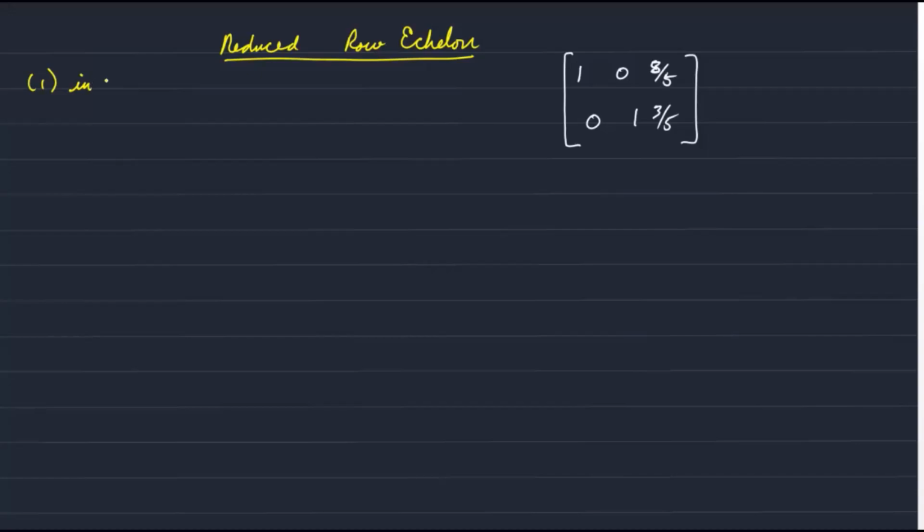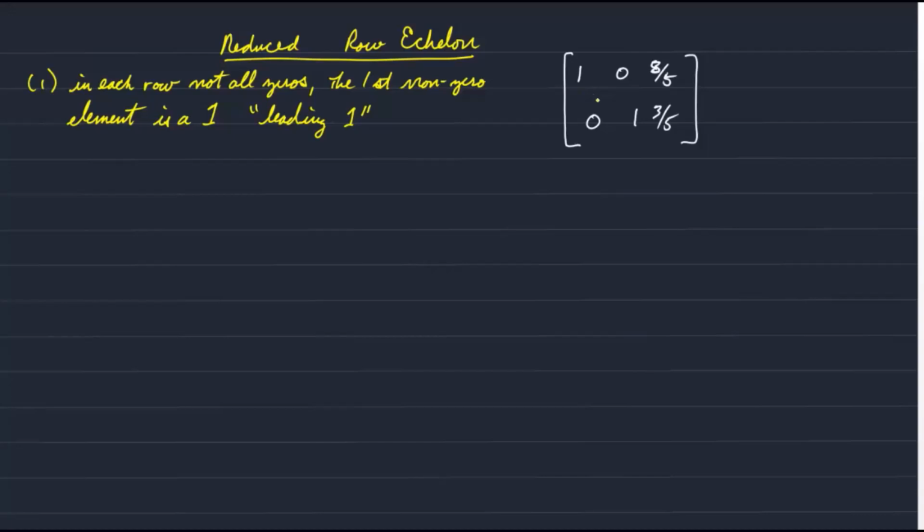First, in each row that's not all zeros, the first non-zero element is a 1. Each number in the matrix is called an element. In other words, it's a leading 1.